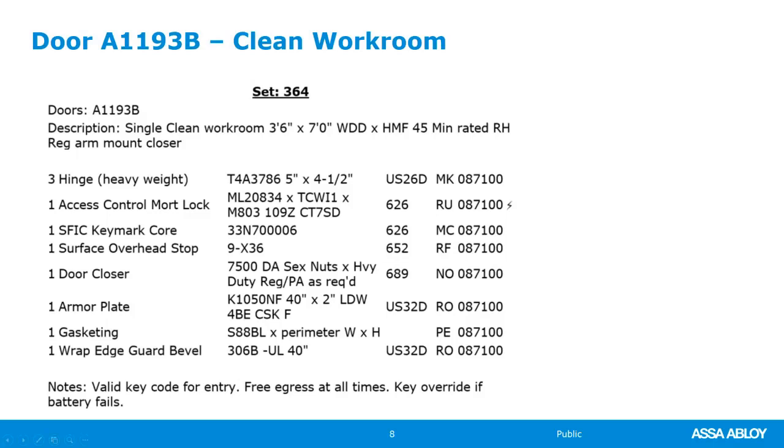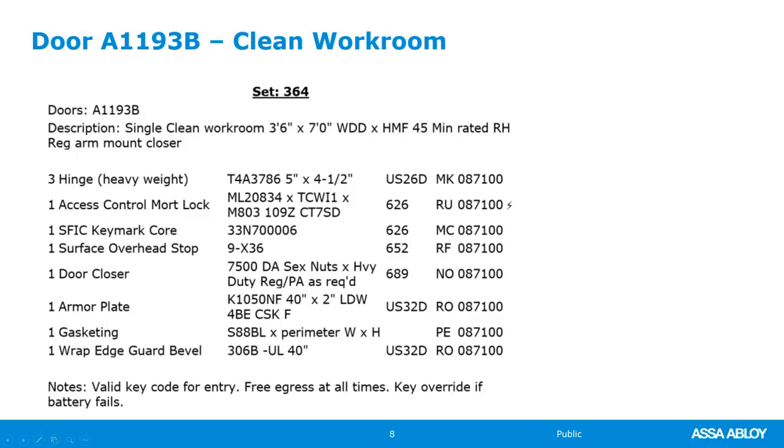As I mentioned before, the hardware set number in this case is number 364. All of the doors would be listed here. I only include the one that we're focusing on today, but all of the clean workrooms and any other door that has the same hardware would be listed under this set. Because we had over 13,000 openings in this project, there were some sets that had over 150, 200 doors in the same set.